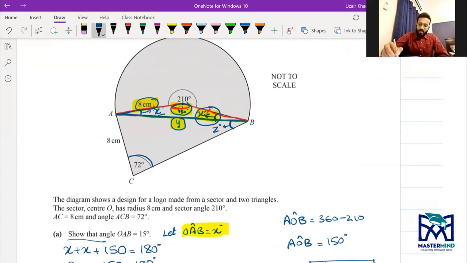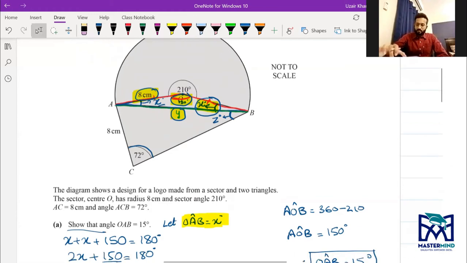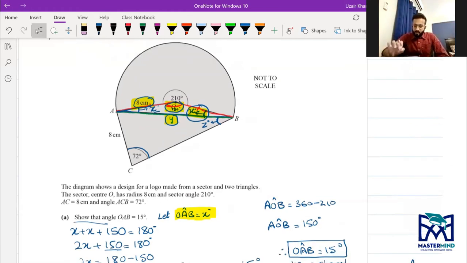Let's label it as angle Z. There are a few things to notice: the missing angle is over here, and the length opposite to it is given to us. We have one other angle over here, which is 72, the angle ACB, and the length opposite to it, AB, we just found out in part B.